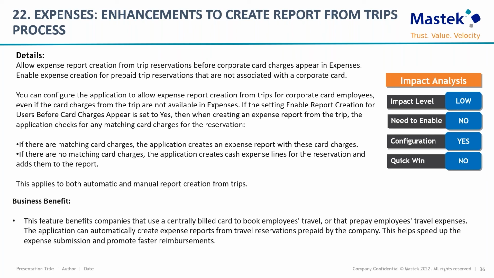Once configured, even if the corporate card charges are yet to arrive in our system, the automatic expense report can be created from the trip, and it would be automatically assigned to the employee as well. This will greatly benefit the organizations who use a centrally billed card to book employees' travel, or who prepay employees' travel expenses.